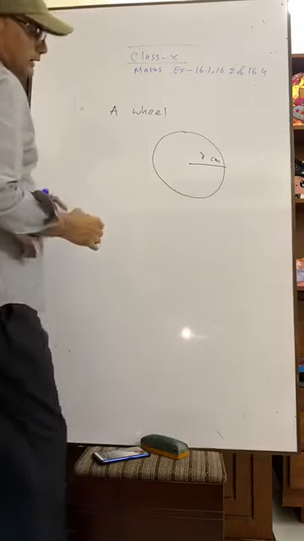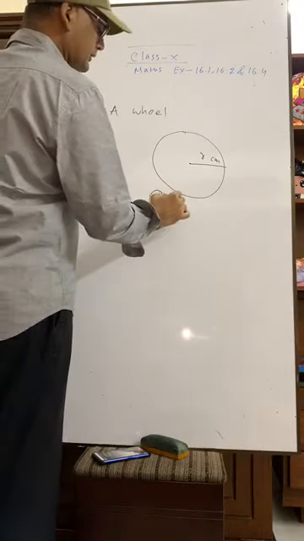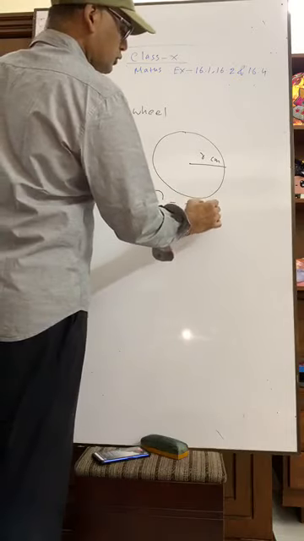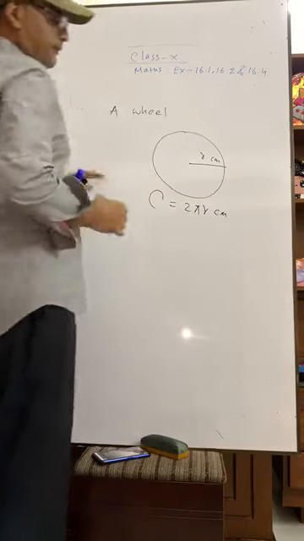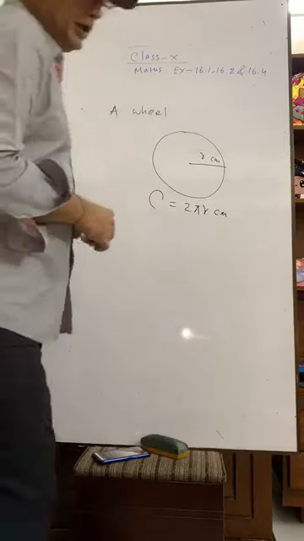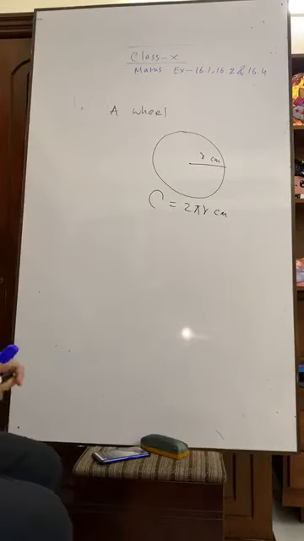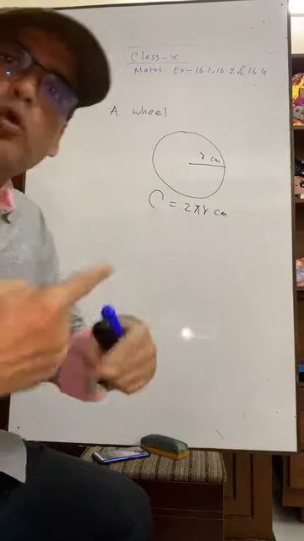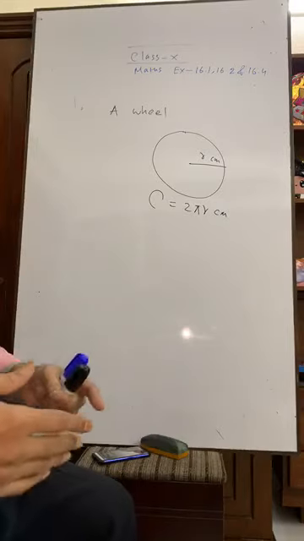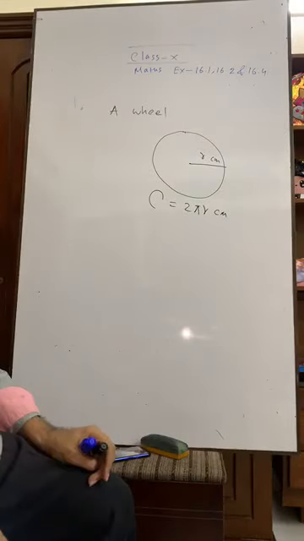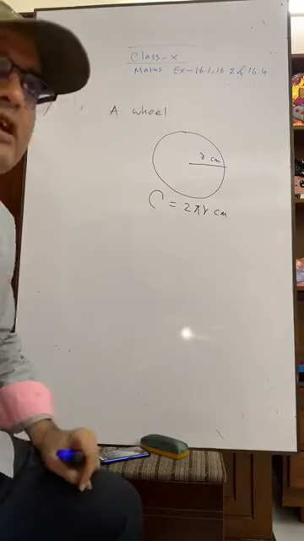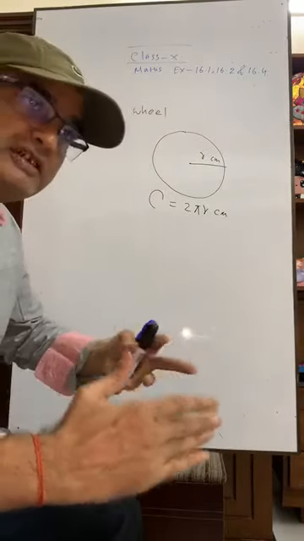So its circumference will be what? 2 pi r centimeter, right? We know if a wheel turns one time, if a wheel revolves one time, then it travels a distance equal to its circumference.